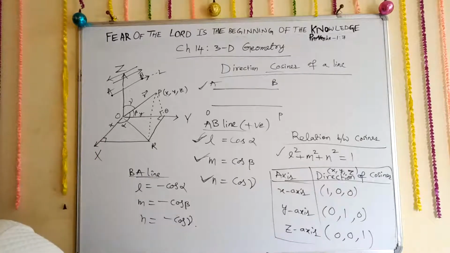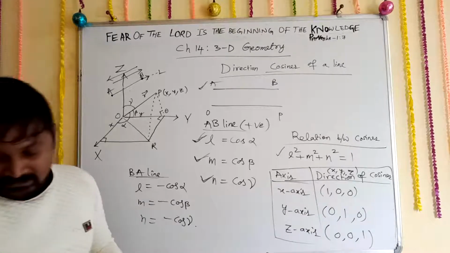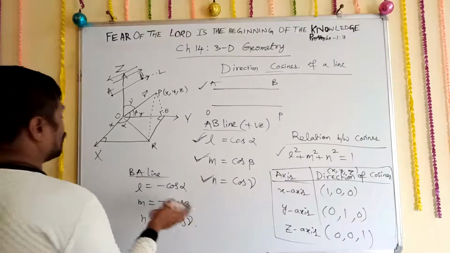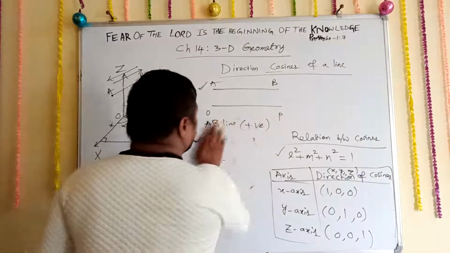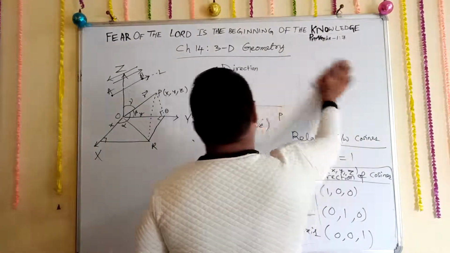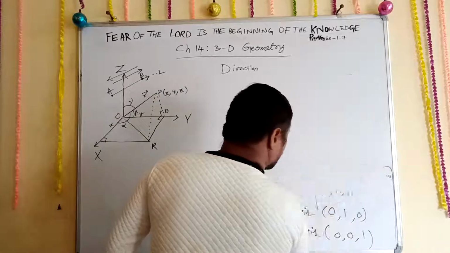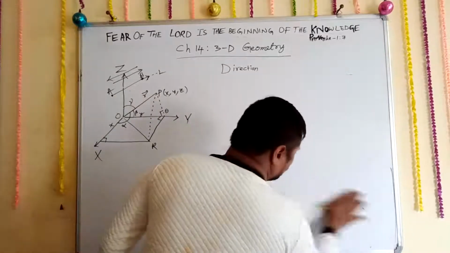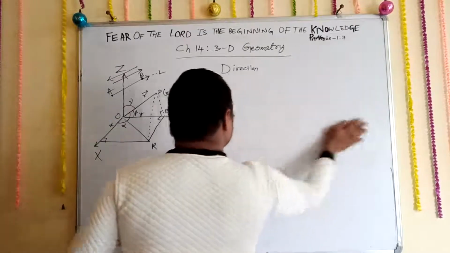Let's move on to the next one, that is direction ratios of a line. Now we are going to learn what the direction ratios of a line are.